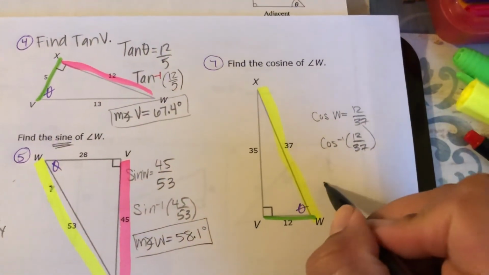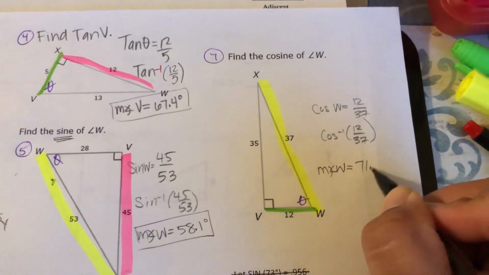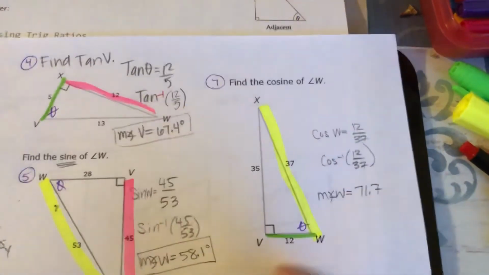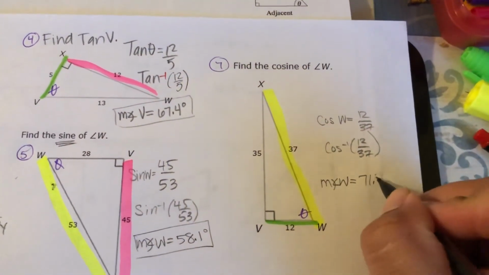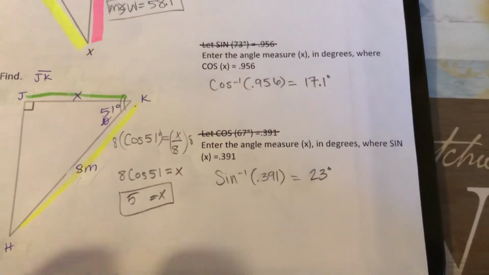So then the measure of angle W is equal to 71.1, not 71.7, 71.1.